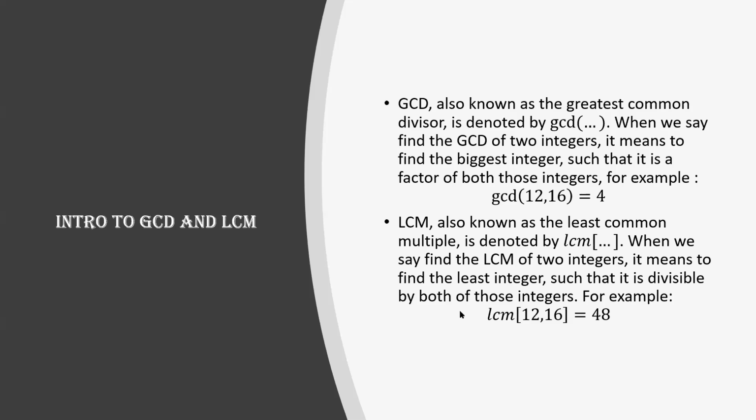I just tell you what this means. You want to find the least common multiple of 12 and 16. As we can see, 48 is the least common multiple because 48 is the smallest number that is a multiple of both 12 and 16. So in GCD and LCM, their English and mathematical meanings are the same. You can just take it like that.